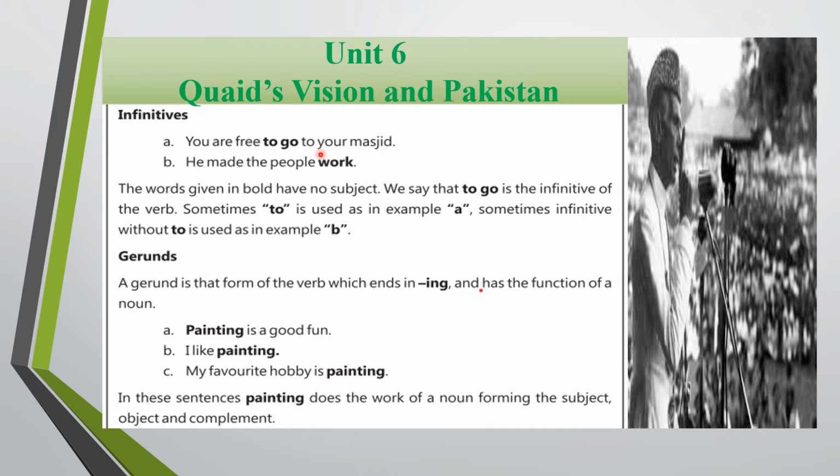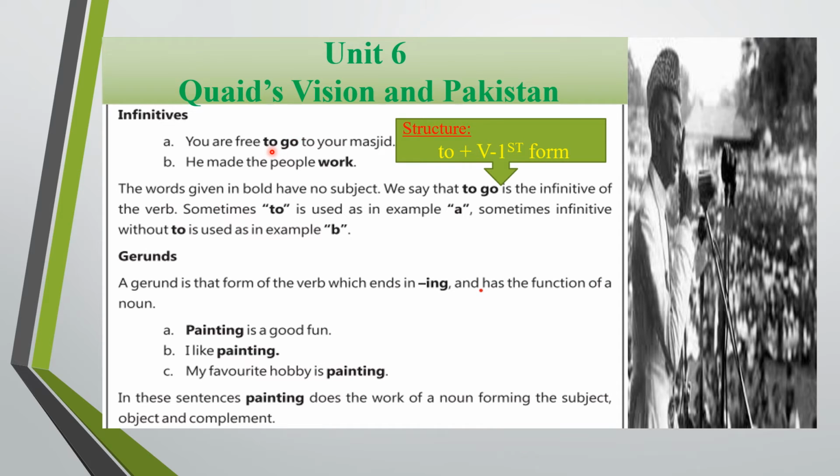So we call them infinitives because they are not main verbs, rather they are non-conjugated form of the verb. Structure of infinitives is to and first form of verb. This is basic structure of infinitives.